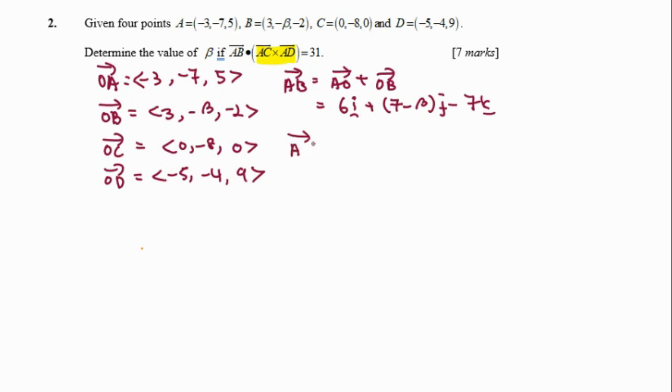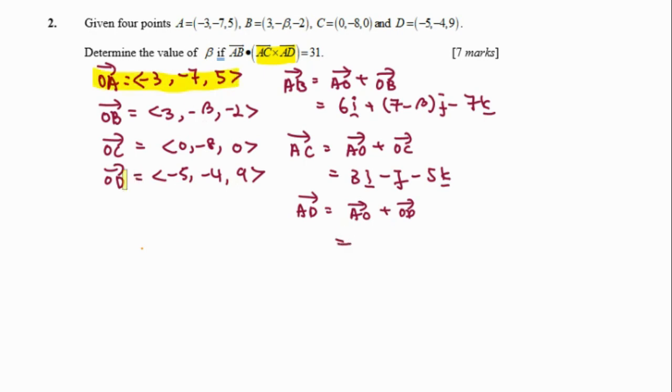Then we proceed for AC, which is AO plus OC. So AO plus OC will give us 3i minus j minus 5k. Then we are finding AD, which will be AO plus OD, so negative OA plus OD.